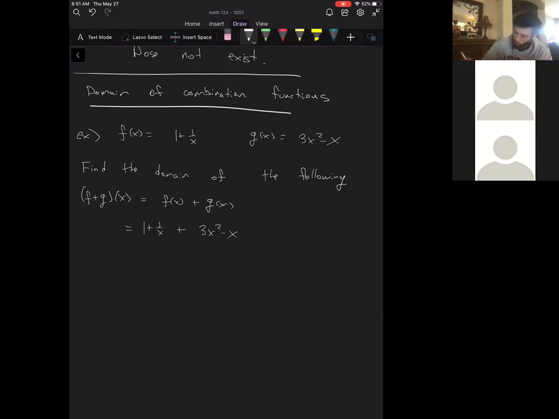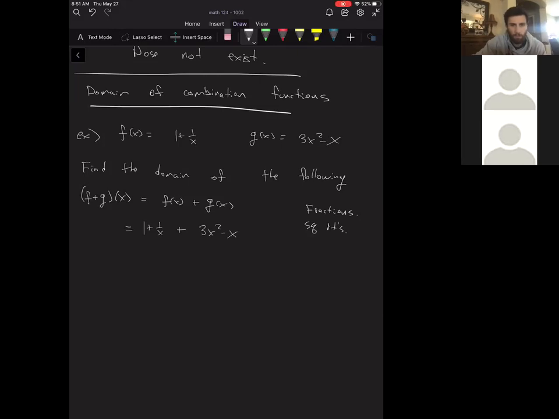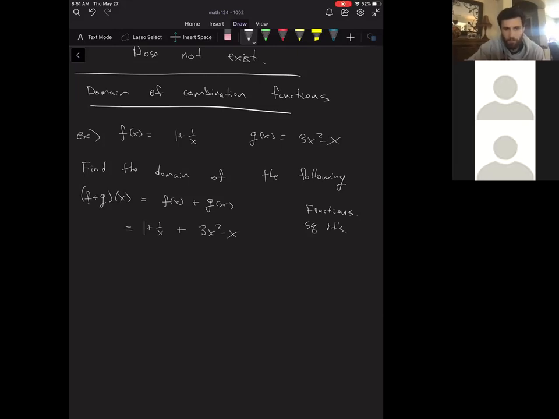So remember, always think about two things with domain: fractions and square roots. So we look at this. Are there any fractions or are there any square roots?